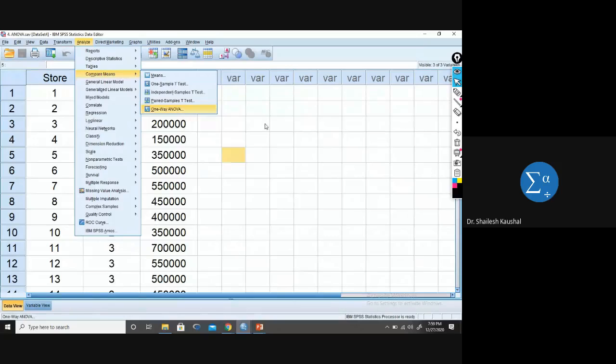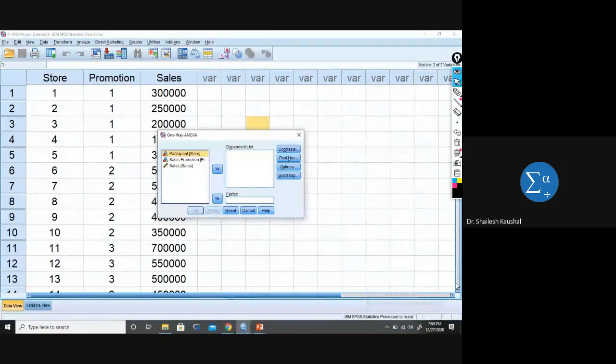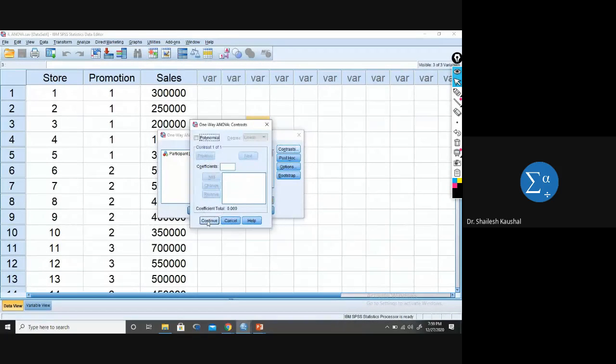I am repeating again. Analyze, Compare Means, One-Way ANOVA. And then sales is the dependent variable, and sales promotion is the independent variable, I'm transferring it to Factor. Then Contrast, nothing to do here.